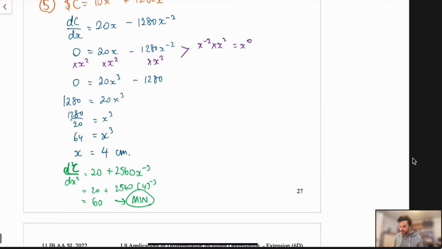So what have we done so far? We've optimized, we found x is 4 as an optimal solution, and then they typically ask for, can you find the values of x, y as in the height, and also the minimum cost. So let's sub it all in now. So here's our summary. We've got x is equal to 4. So what's going to be our y?